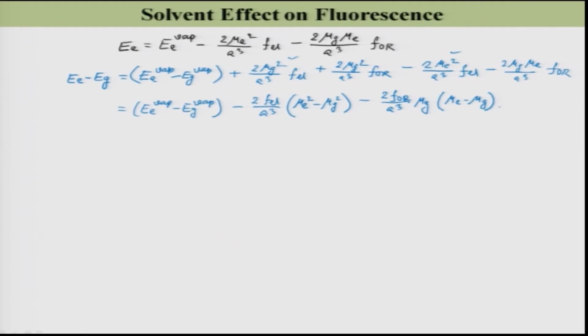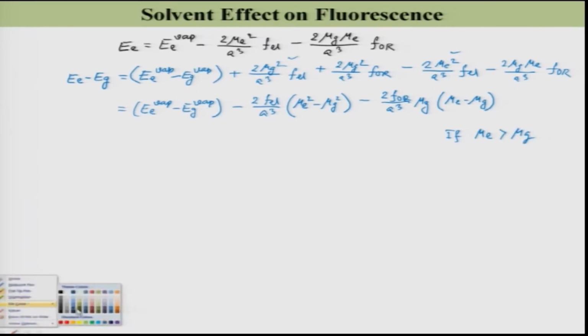So, look at this term. I have already taken that mu E is greater than mu G, if you remember. If mu E is greater than mu G, then this quantity is a positive quantity. This is my positive quantity, this is my positive quantity, then the whole thing is negative, right.